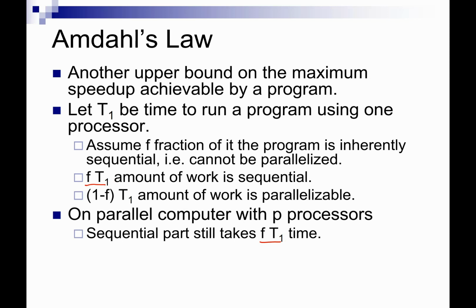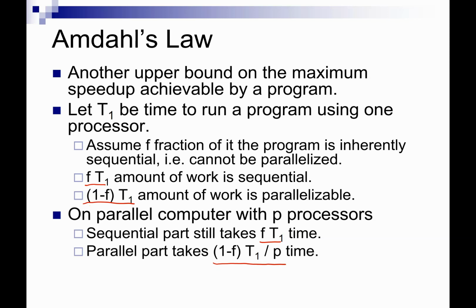It's going to be f times T1. The parallel part can be parallelized. Here you have (1 minus f) times T1 amount of work, and when you have P processors, it's going to go P times faster. Because here, for Amdahl's law, we're going to assume that you have a perfect linear speedup for the parallel part, and you have no speedup for the sequential part.